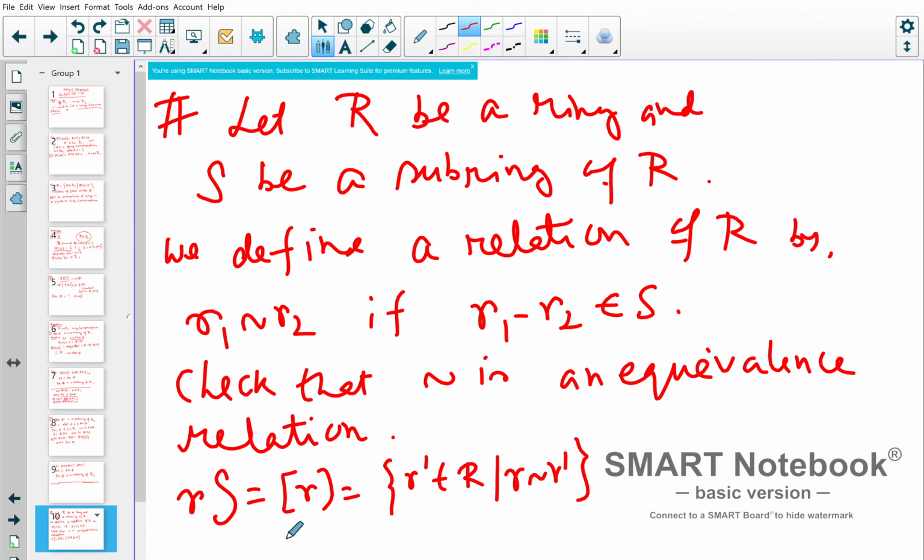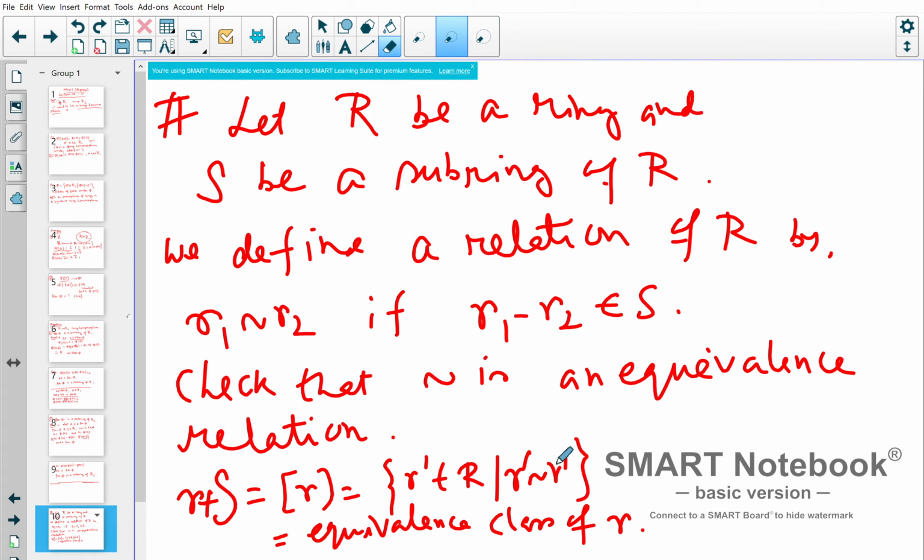So this is the equivalence class of R, and we write it as R plus S. You collect all those elements R dash which are related to R, so R minus R dash is an element of S. So R dash you can write as R plus S. Or you can say R dash related to R. This is actually the same, no problem, but conventionally you write R dash related to R.